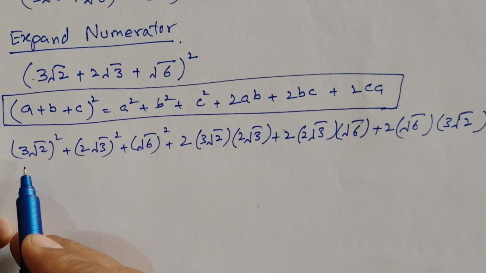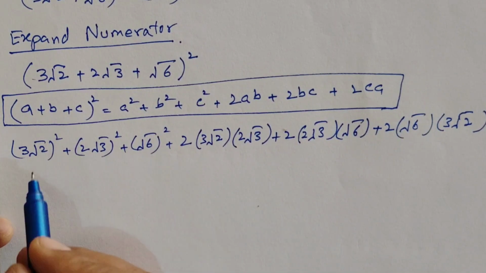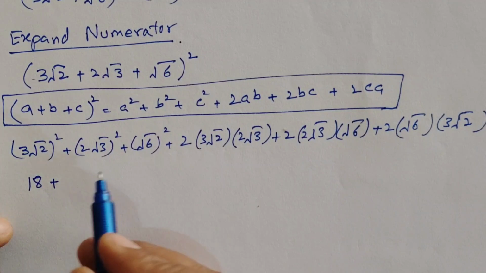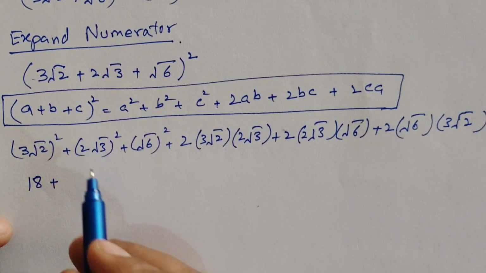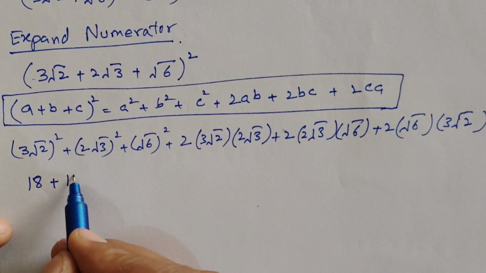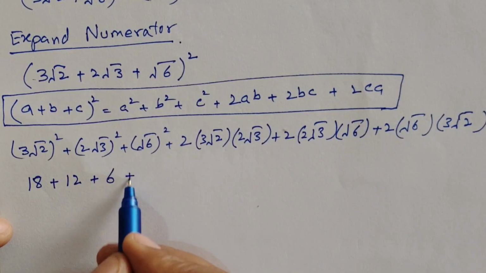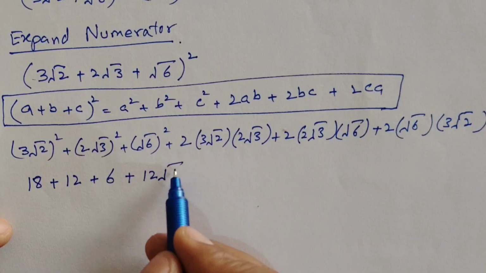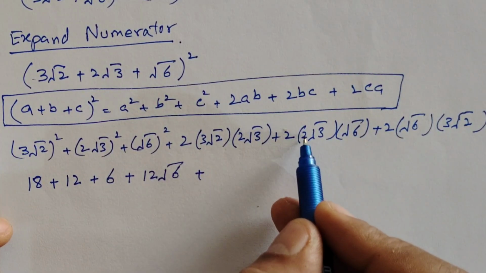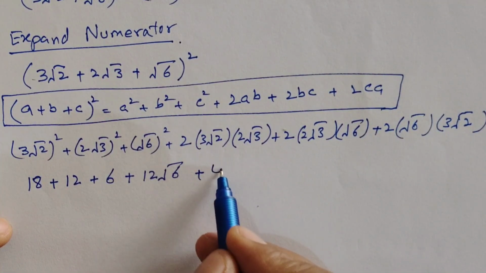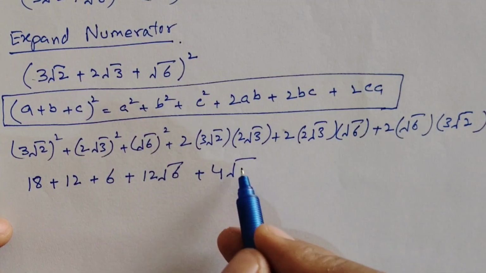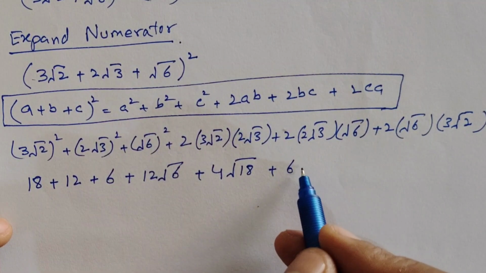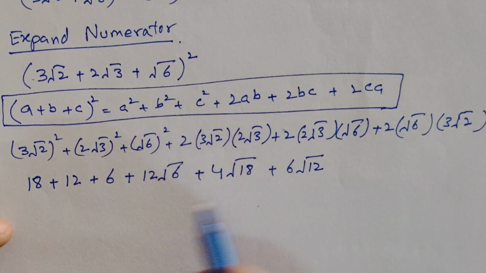Now we further solve this equation as 3 square root of 2 square is 18, plus this is 12, plus 6, plus now we multiply this one, which is 12 square root of 6, plus 4 square root of 18, 6 by 3 is equal to 18, plus 6 square root of 12.